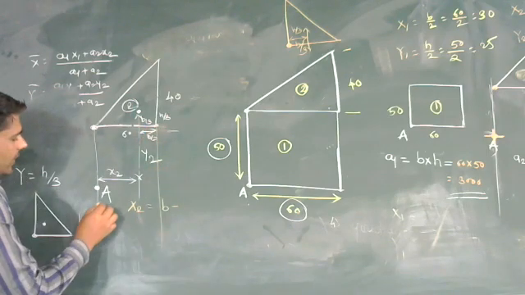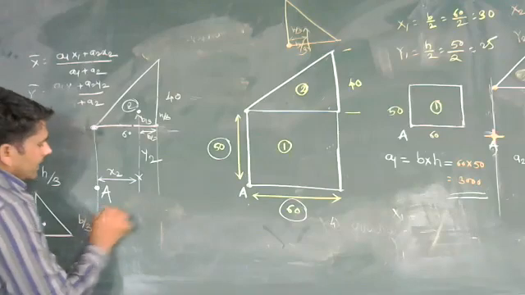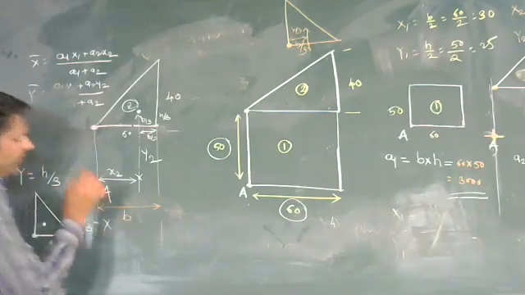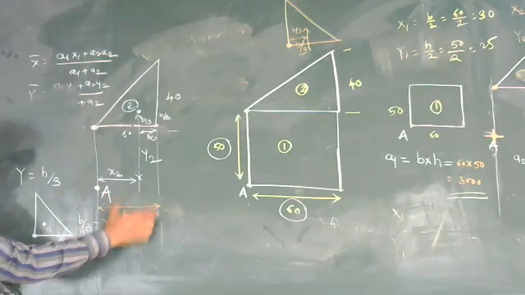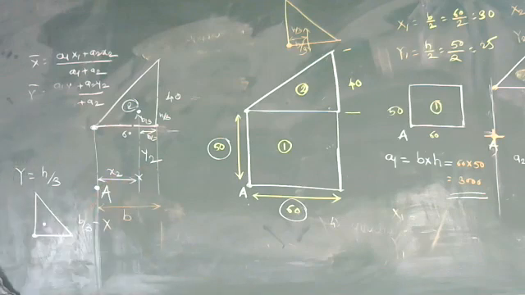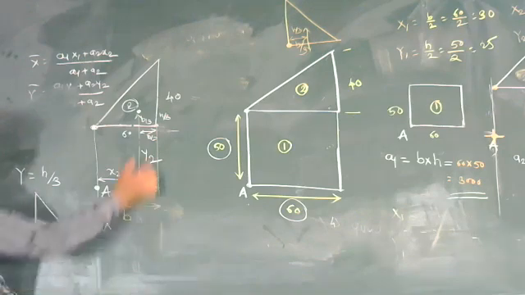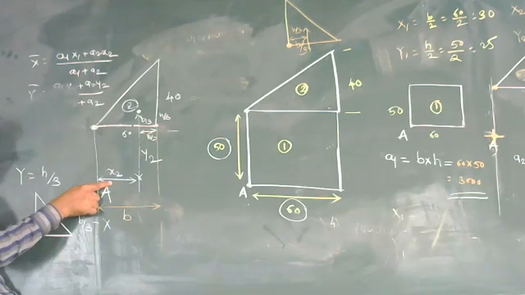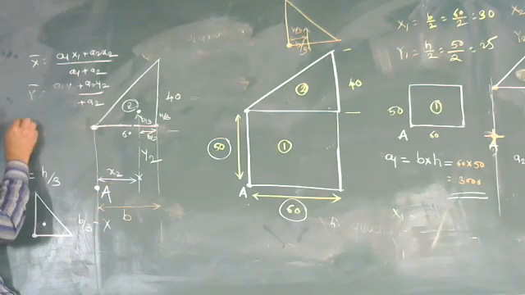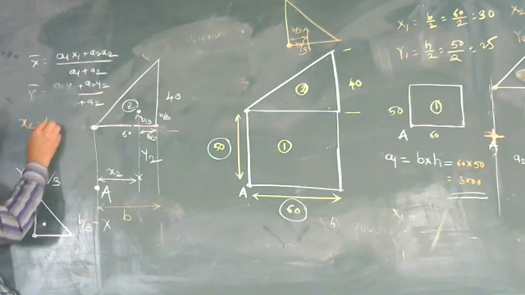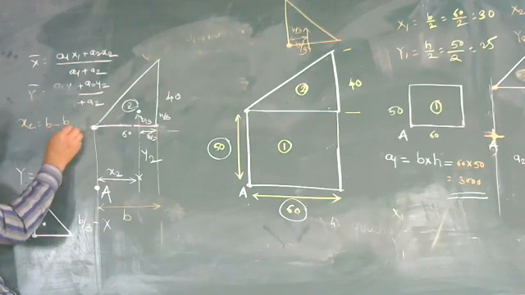See here, this is the total b. From the total b, I deducted b by 3, so I will get x2. So x2 is equal to b minus b by 3.